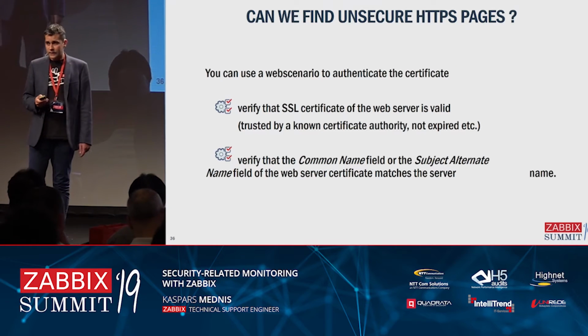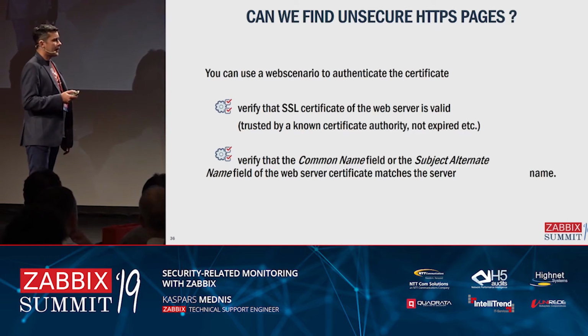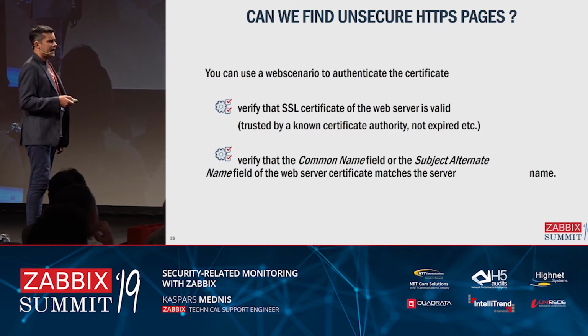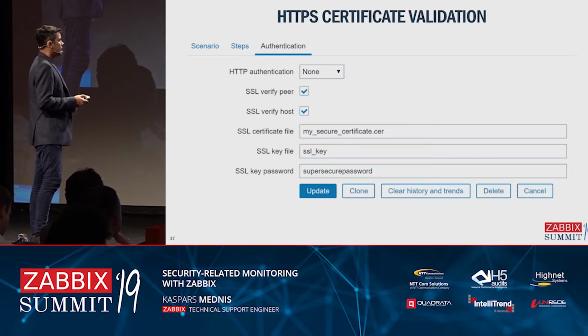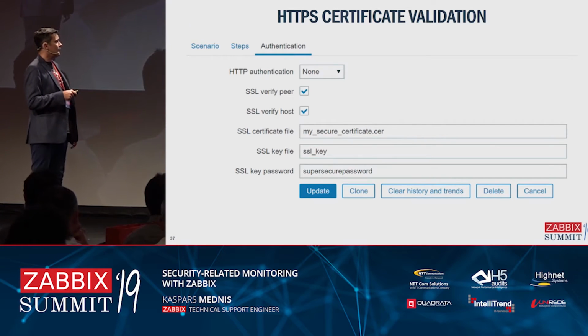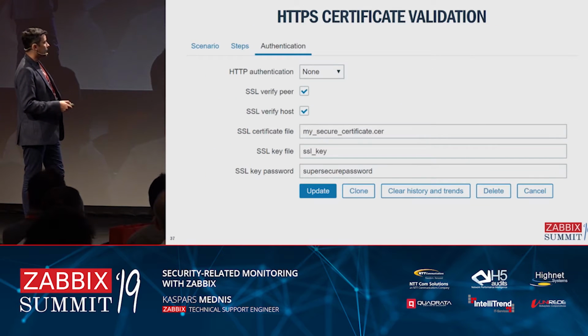Next, even if the web page is secured with HTTPS, it may still contain bad certificates on some other things. And I think starting from Zabbix version 2 already, you can do certificate verification with Zabbix. You can verify the peer, which is the web server certificate, and you can verify the host, which is the common name field here.